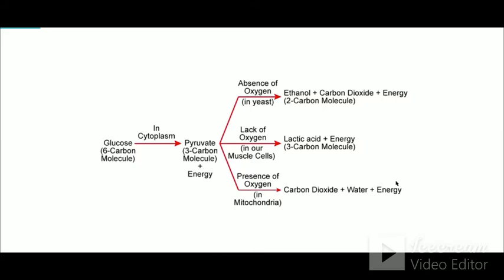Now if you see, in all the three cases, the last product is energy, in yeast, in muscle cells, and in the presence of oxygen. This is the energy that is utilized by cells, and this way the energy that we have gained through food is obtained by our body.